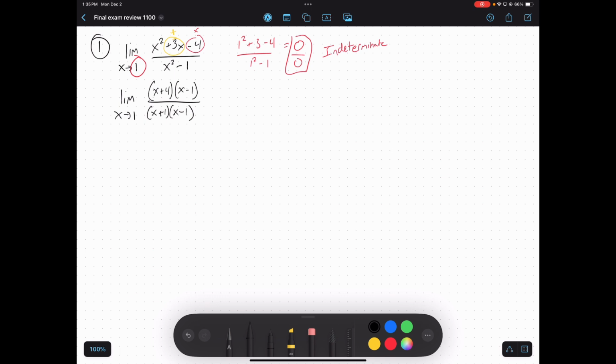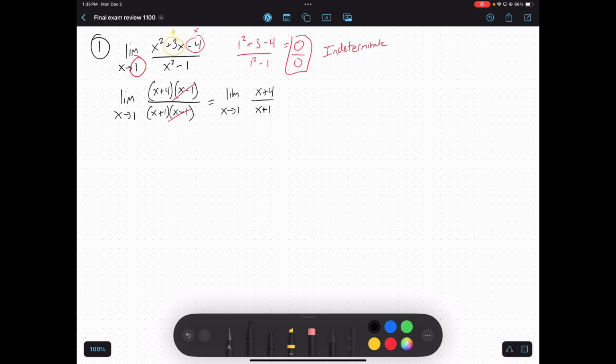What do we notice? I now have a factor of x minus 1 both on the top and the bottom, and those factors are going to cancel. Now I'm just left with the limit as x approaches 1 of x plus 4 over x plus 1. What have I done? I was able to eliminate the discontinuity.